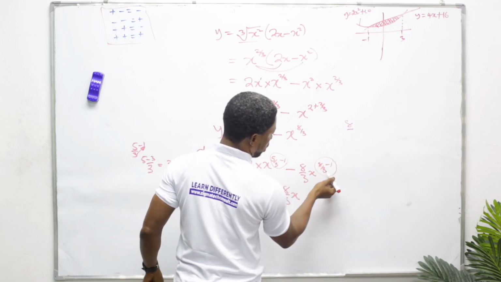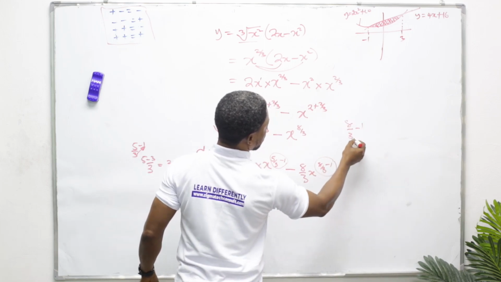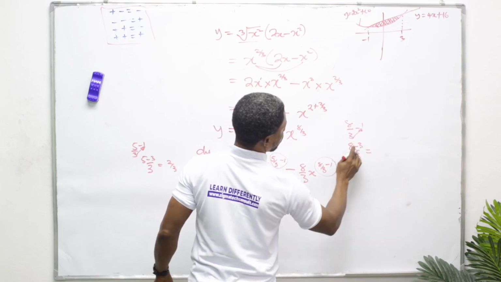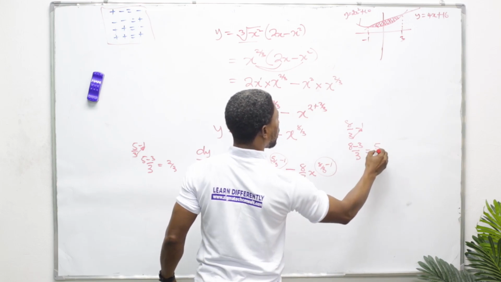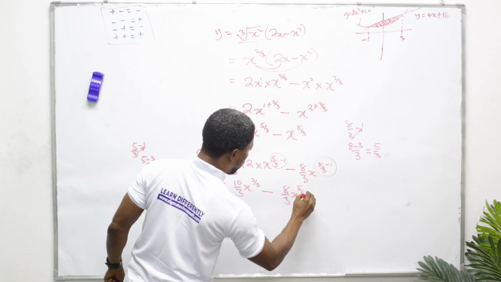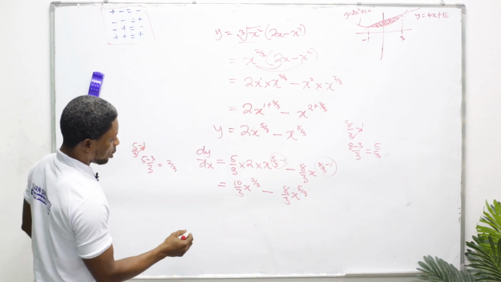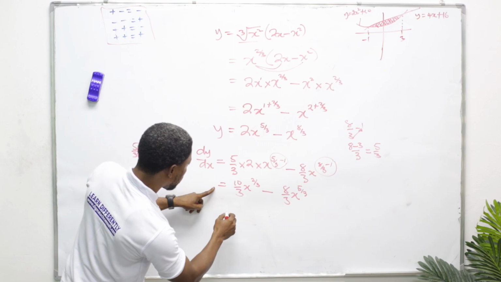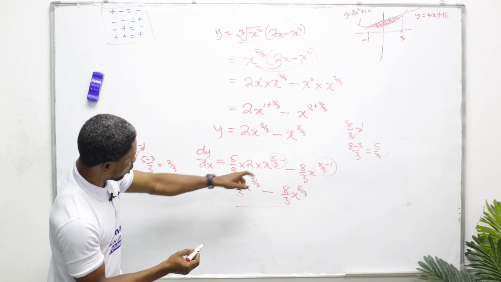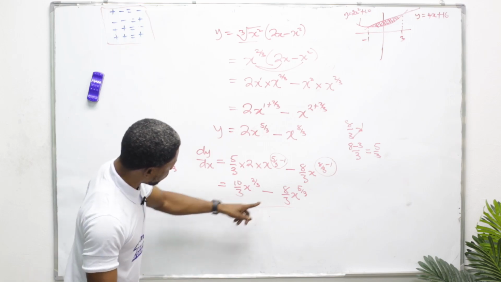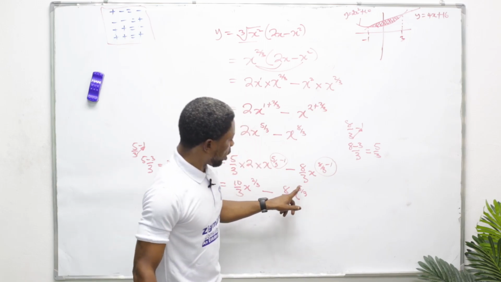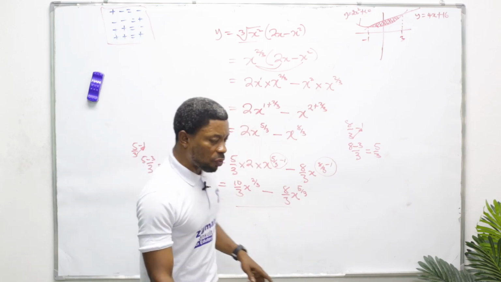Work on this other index too. 3 times 1 is 3, so 8 minus 3 divided by 3. So 8 minus 3 will give you 5 over 3. So this index here is now 5 over 3. Now look at it here. This is now your final answer: 10 over 3 x raised to power 2 divided by 3 minus 8 over 3 multiplied by x raised to power 5 over 3.